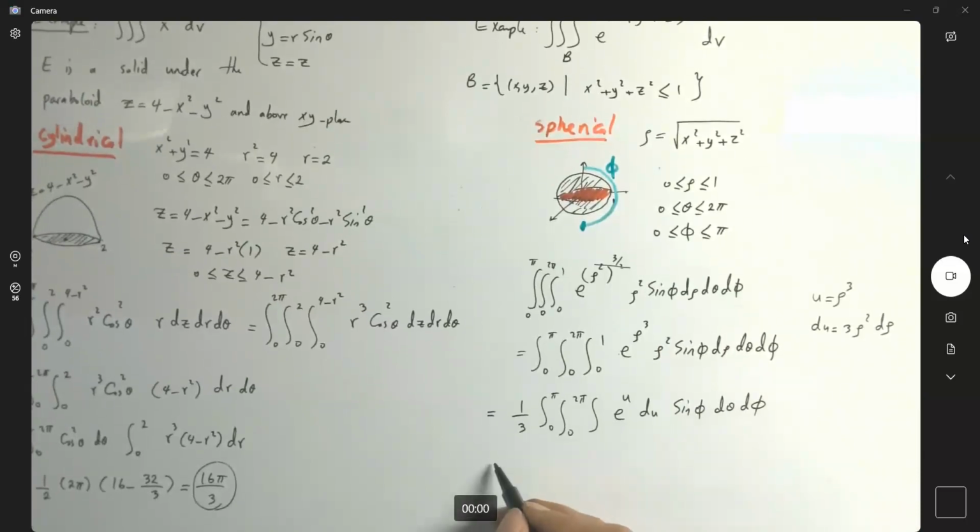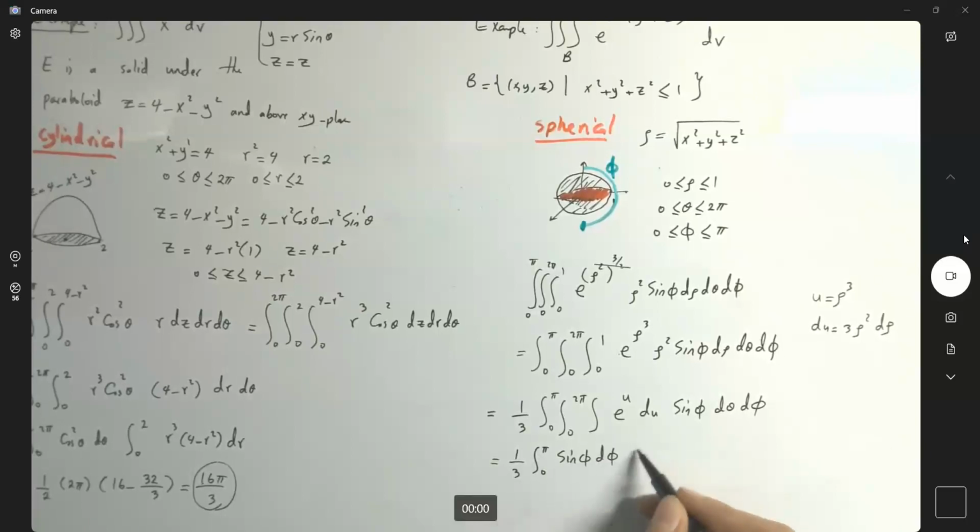Very good. So this guy becomes 1/3, and can we separate these? Why not? 1/3 integral 0 to pi sine phi d phi, integral 0 to 2 pi d theta, and here we have the integral of e to the u.